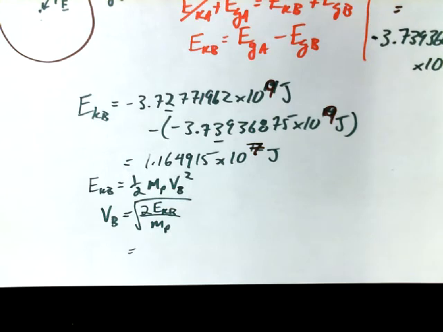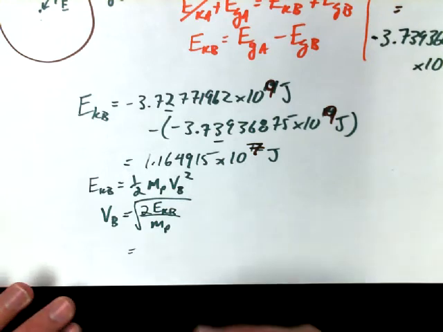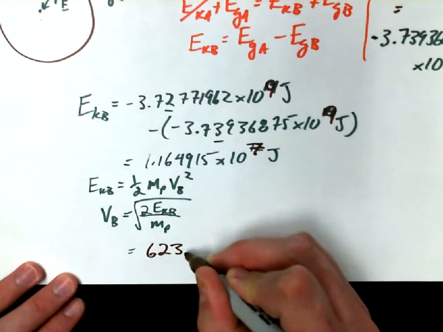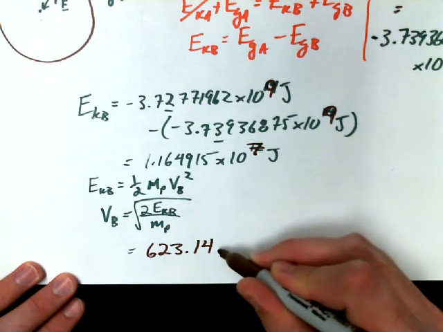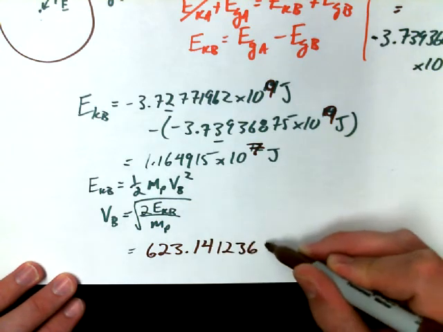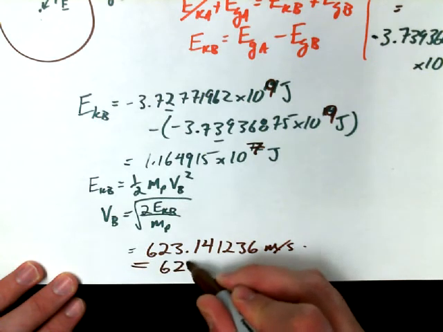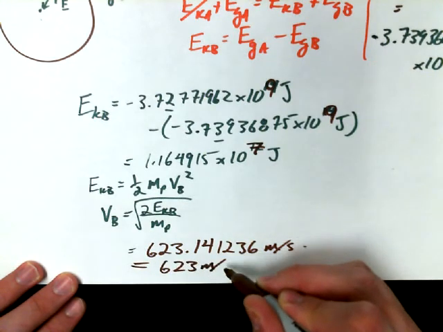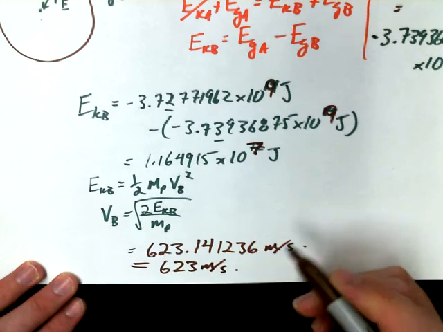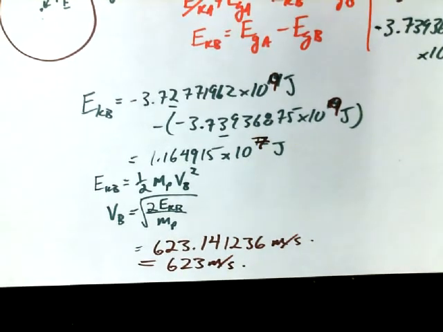What have we got? 623.141236. I mean, we're obviously going to round this off. Let's take it to 3 sig figs. With 623 meters per second, I mean, if the speed of sound hovers somewhere around 350 meters per second, we're going pretty fast, well beyond the sound barrier.